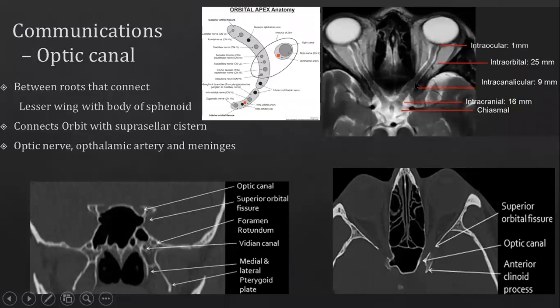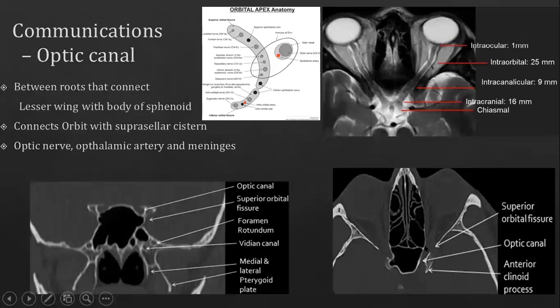Optic canal is in between the sphenoid body over here posteriorly, and here it is on a CT scan, sphenoid body posteriorly, and the anterior clinoid process. Along with that, we have got the two, what we call the struts of the lesser wing of sphenoid. So this is the lesser wing of sphenoid. Here we have got the lesser wing of sphenoid coming in, and the lesser wing of sphenoid is going to attach to the sphenoid body by two struts, and in between these struts is the optic canal, and this is what we're seeing.